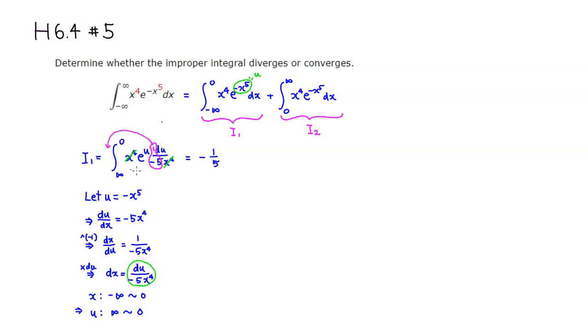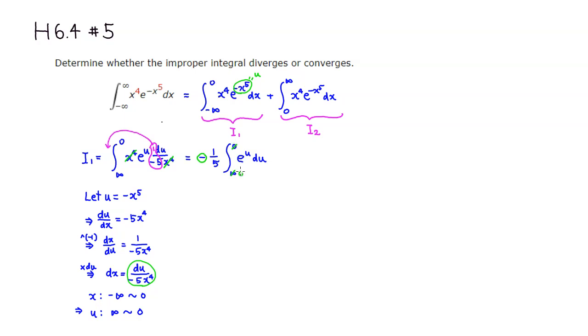Then the troublemaker is here. Actually, before we do that, you have an integral from infinity to 0, and what's left is only e to the u du. One more thing I'm going to do is incorporate this negative sign to switch 0 and infinity.